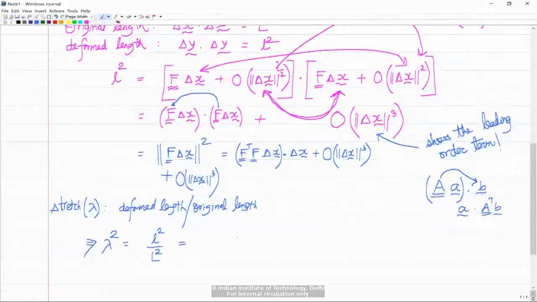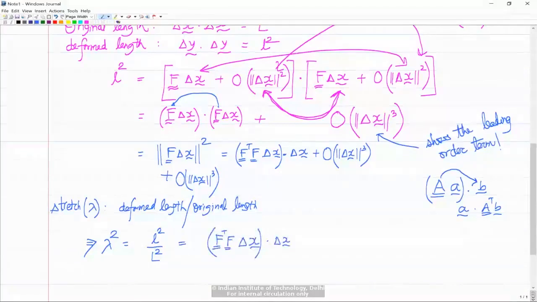And we have the formula for small l square just up there. Why don't I write it here? So I have F transpose F delta x dot with delta x.